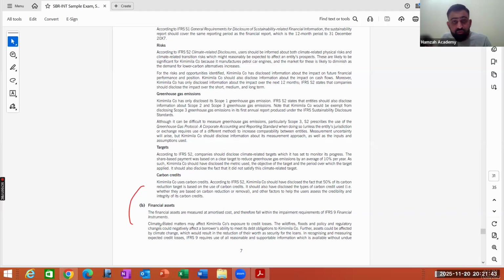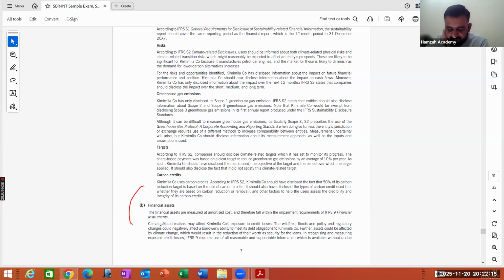But if they are measured at fair value through profit or loss, or if they are equity investments, then they would not be subject to impairment, because the impairment model of IFRS 9 is only applicable on investment in debt, which is classified at amortized cost or fair value through other comprehensive income. And other than that, it is applicable on lease receivables and contract assets. So their financial asset is at amortized cost, so it is subject to the impairment requirement of IFRS 9.